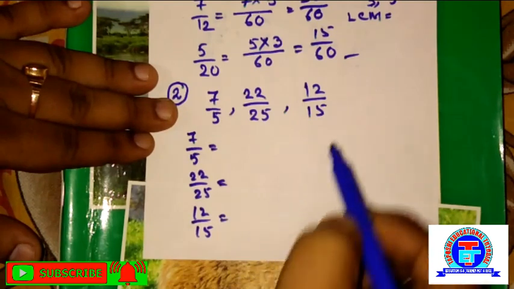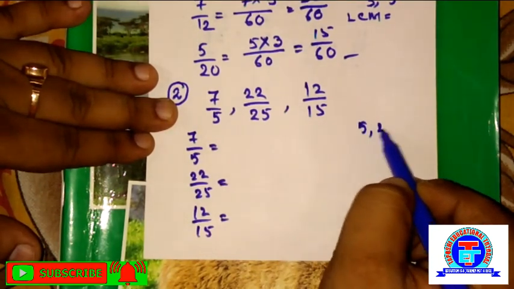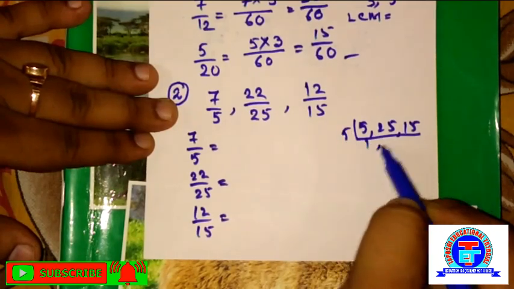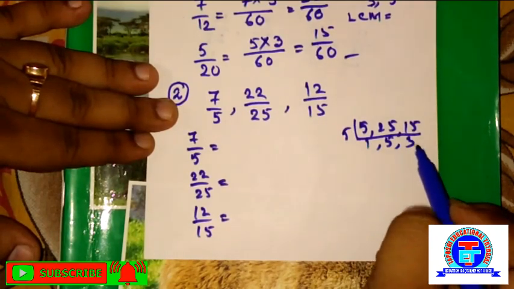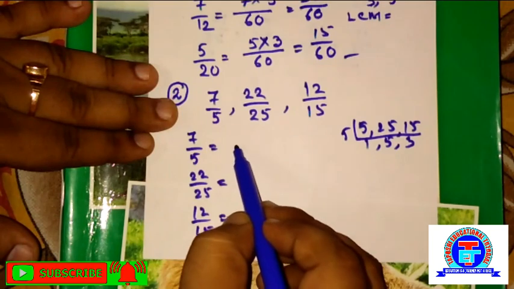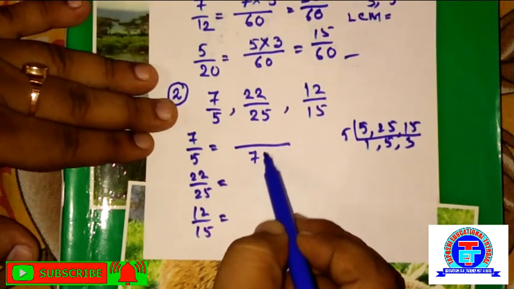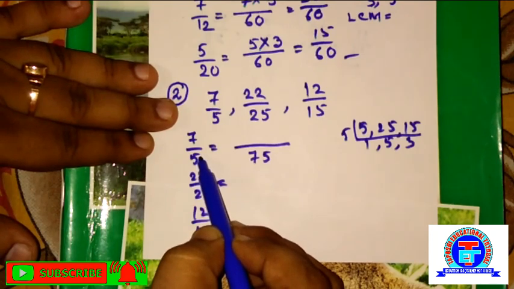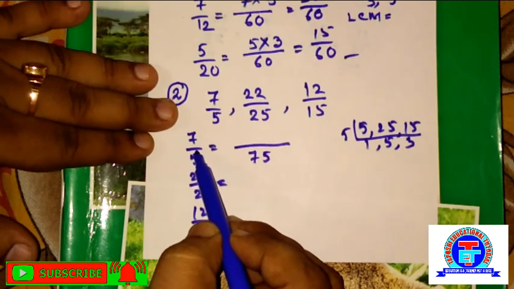Now we do LCM of 5, 25 and 15. It will become 75, so we should multiply 15 with 5.